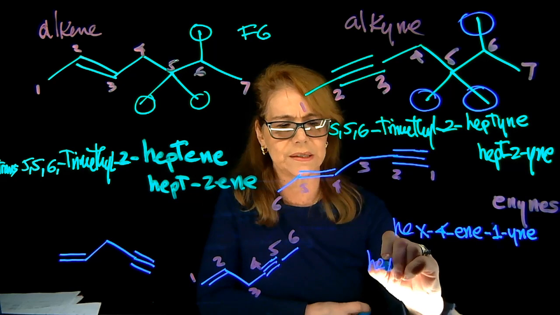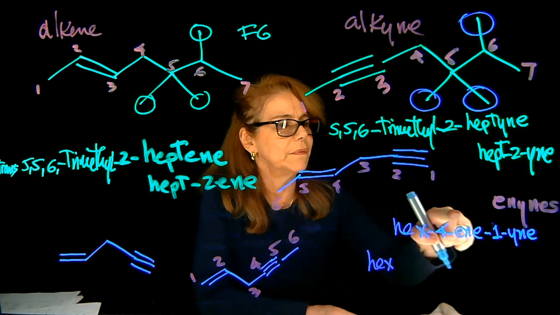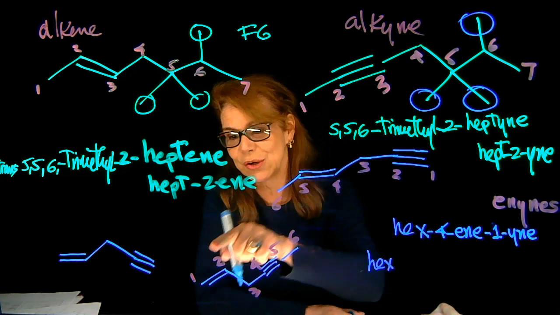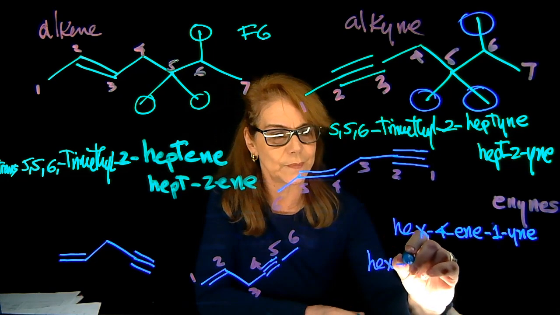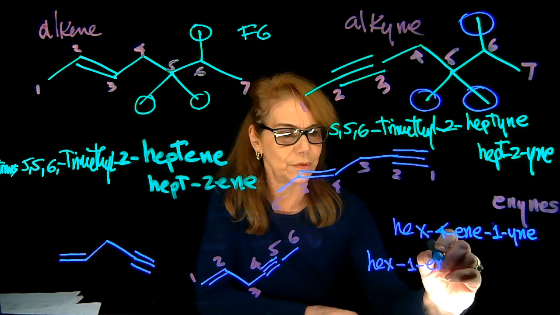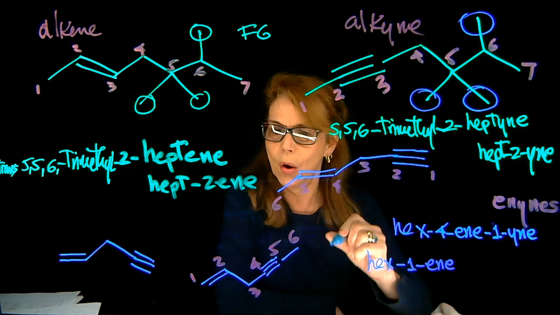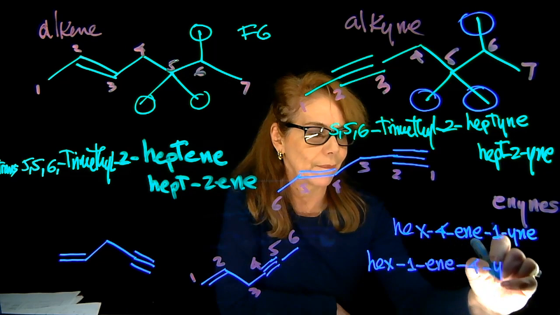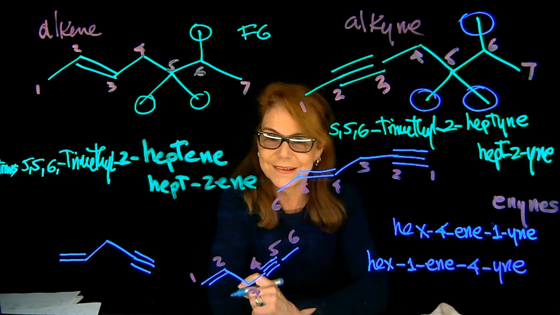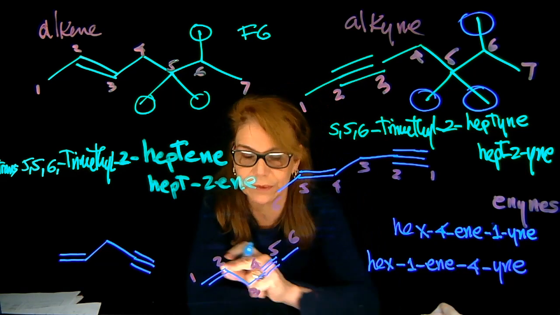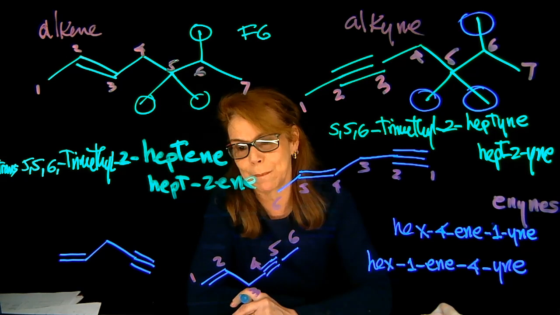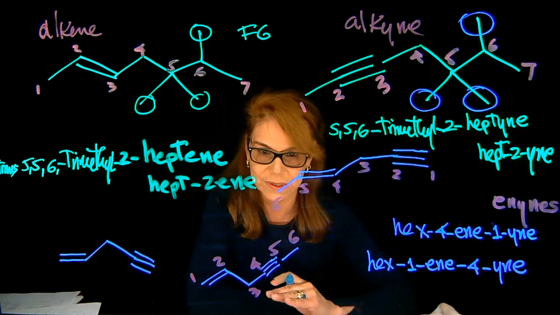So the prefix is hex again. But the name is always enyne, and we need to say where the ene is. So it's 1-ene because of your double bond, and here's your carbon 1. 1-ene, and then 4-yne. So again, focus on the first point of difference, because in this case, the alkene was terminal, the alkyne was not.